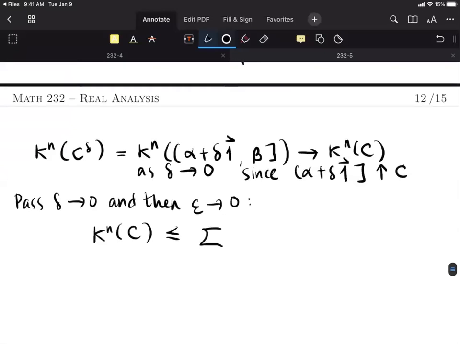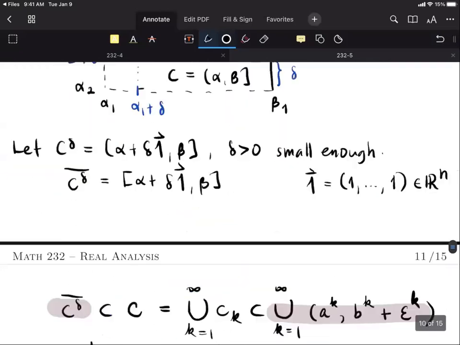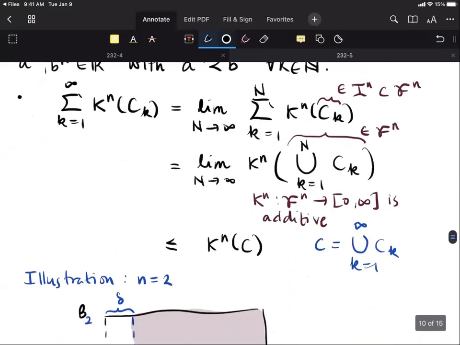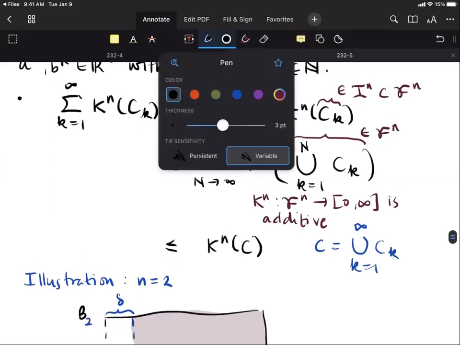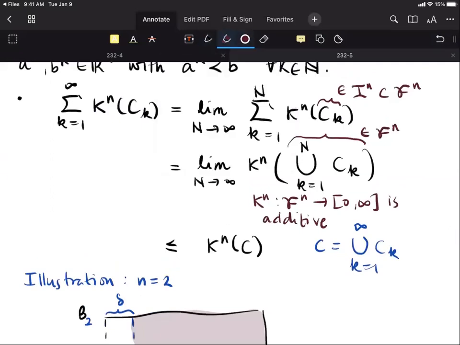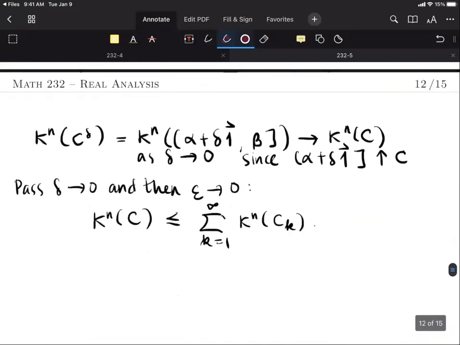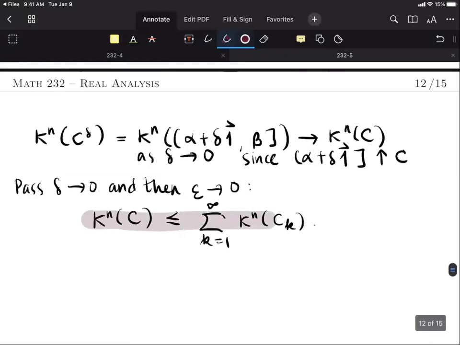And then we get the sum of the elementary contents of C sub k. And this is the reverse inequality that we would like to establish. So here is one inequality: the kappa n of the union is greater or equal to the sum of the kappa n's. And we have the reverse inequality.